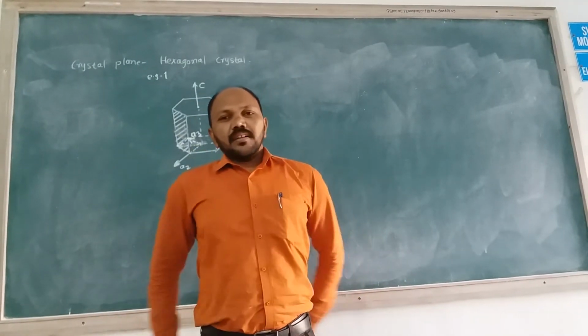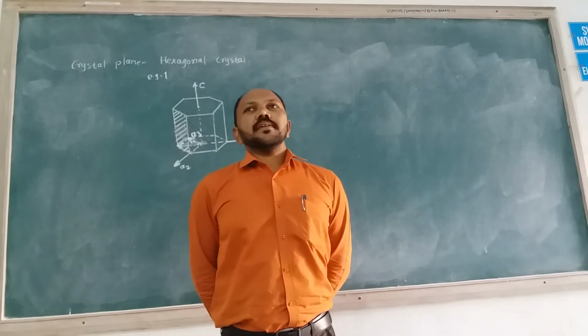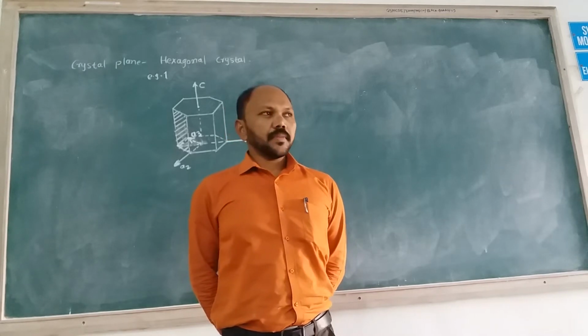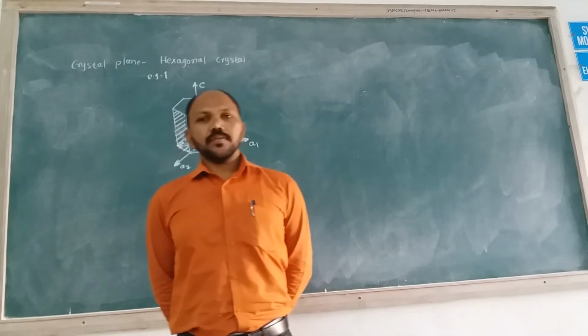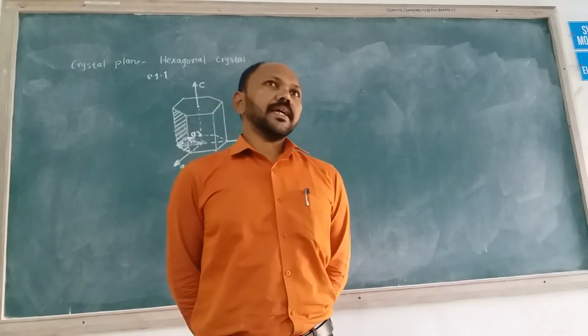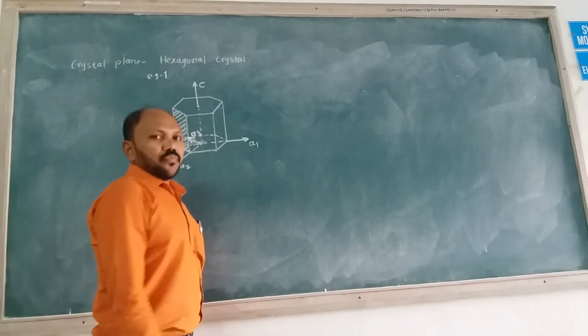Students, in the last lecture we saw how to show a hexagonal plane by using four different axes. We continue that same lecture, and here we take the first example.